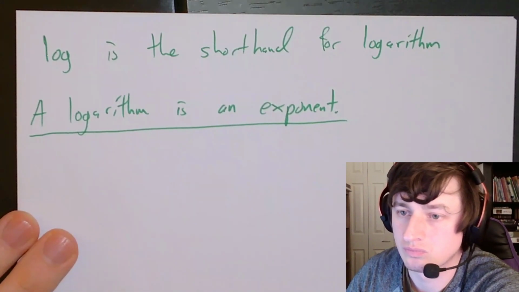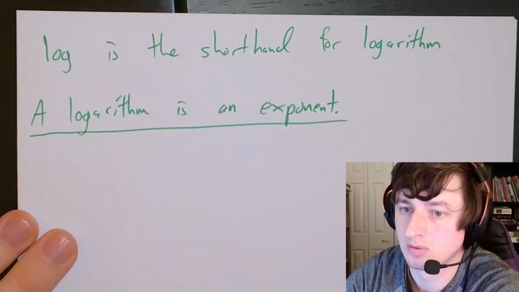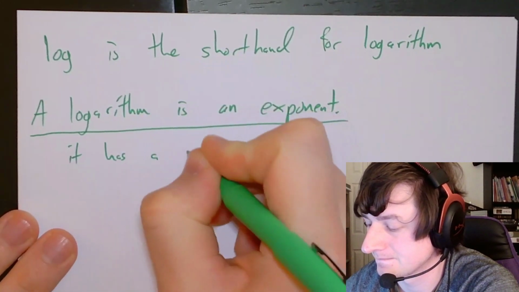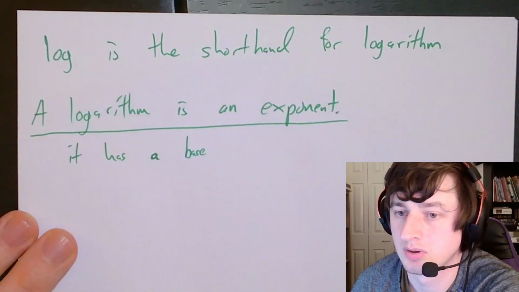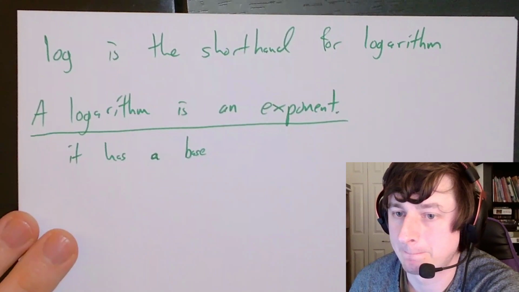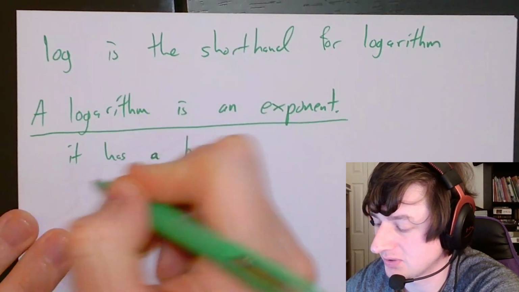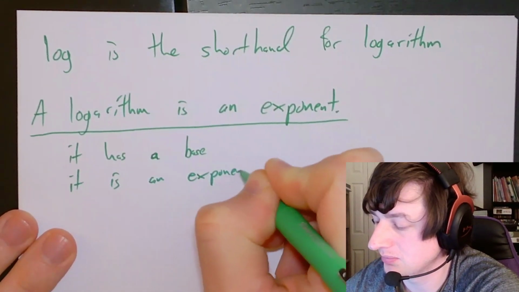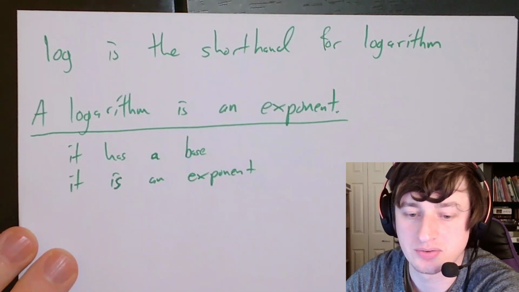So it has a base, and it has an exponent, or it is an exponent. And by is, I mean the math idea of is, that is the equal sign.